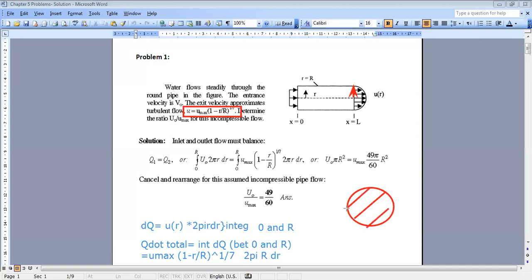So when you do u of r, you should multiply by the area for which you have this velocity. So the area for which you have u of r is at a certain radius r from the center. This is a certain distance r from the center. The elementary area that I can take will be a very thin disk centered at my origin.